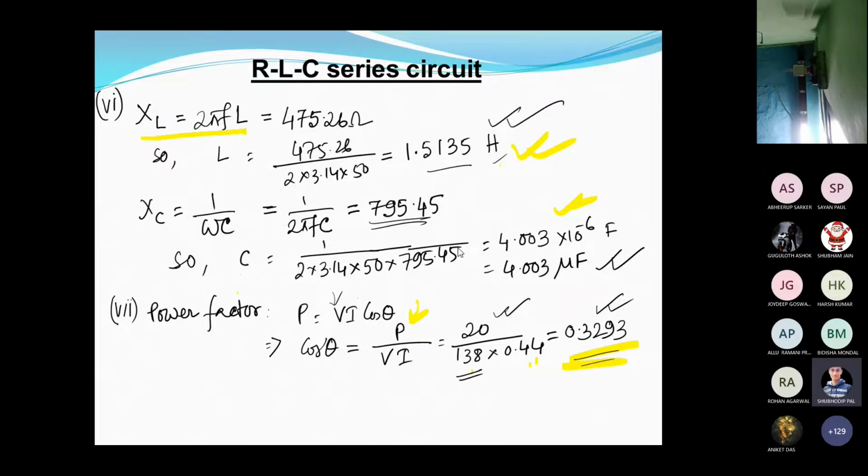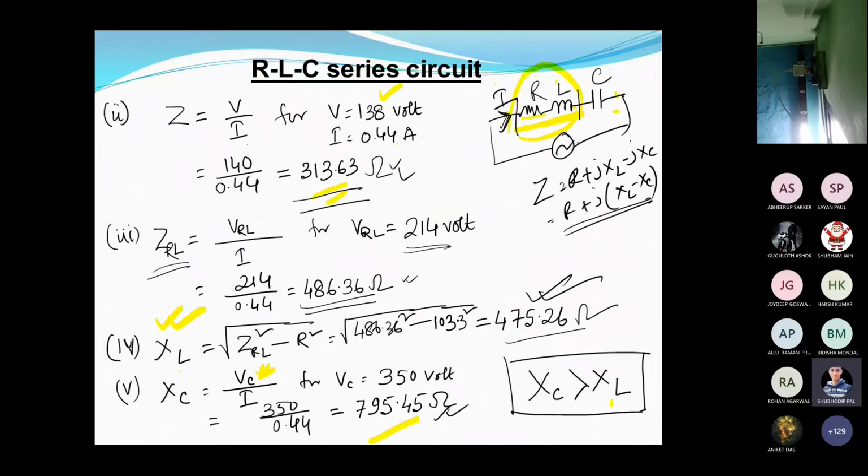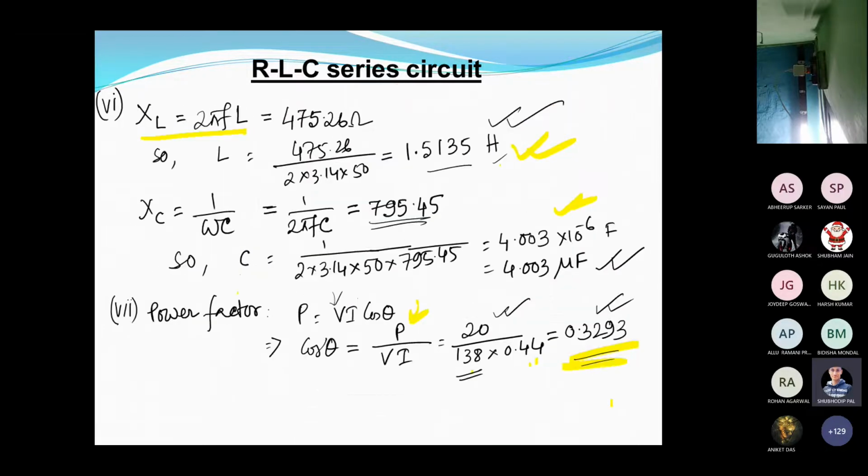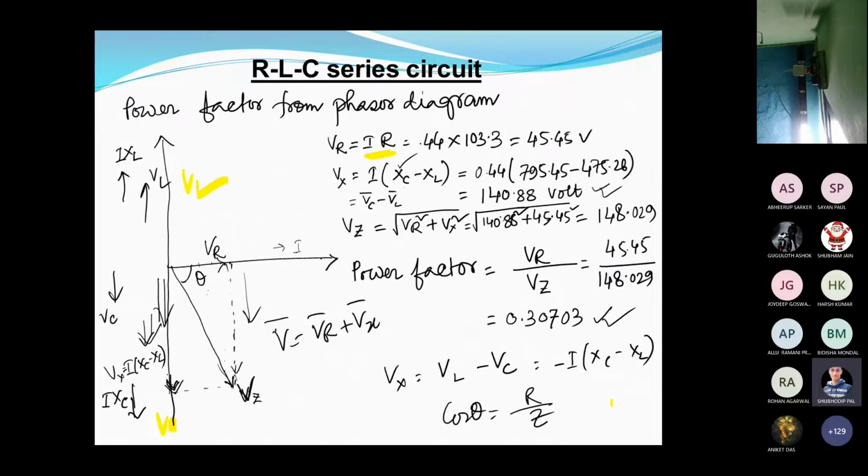So the net of VL and VC is actually pointing in the downward direction in the vector diagram, as I have shown earlier. So we calculate IXC and then IXL. Then you can subtract. But it is better, since you know it, to calculate the net VX, which is in the downward direction, right?